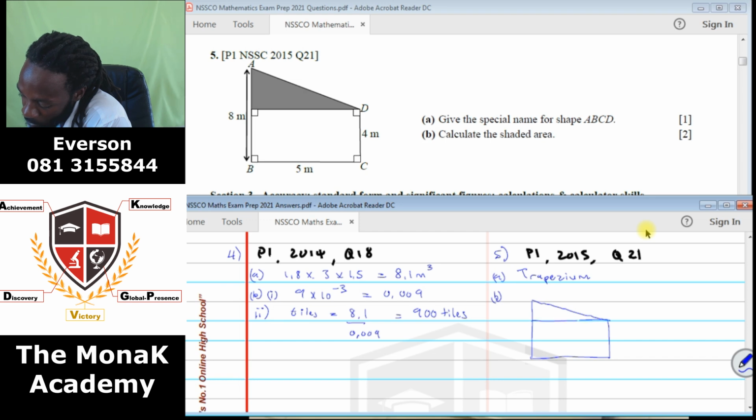It's not drawn to scale, so don't worry about that. So if this is 4, it means this is 4.